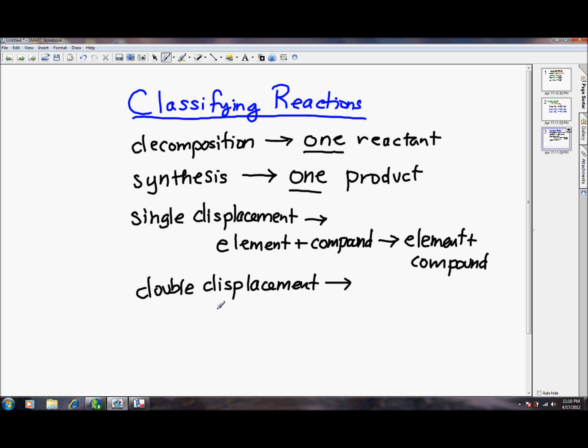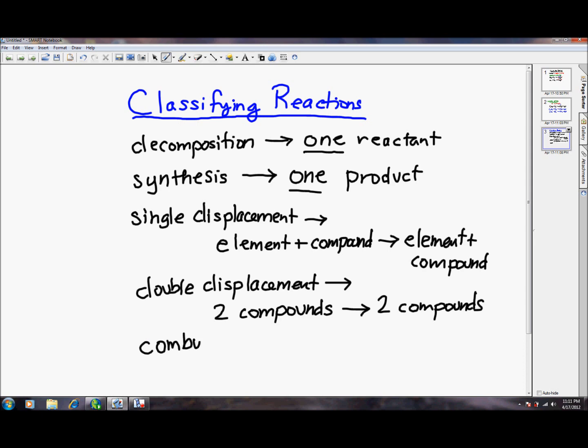Double displacement reactions can be quickly identified because you'll see two compounds on the left and two compounds on the right.